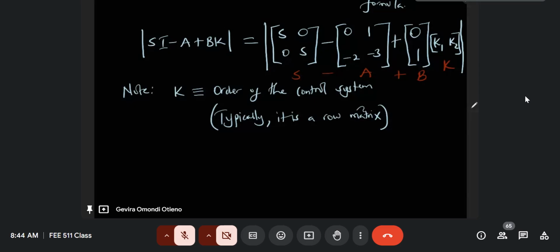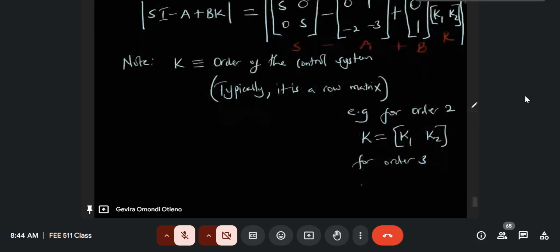For those who probably are still confused, let me give you examples. For order 2, K becomes K1, K2. It's a row matrix. It is a 1 times something. For order 3, K would be K1, K2, K3.